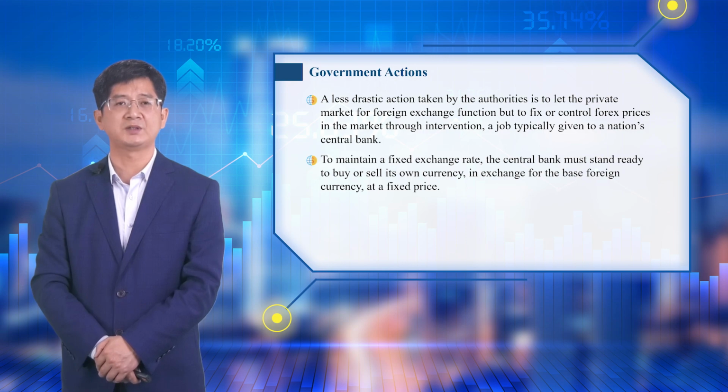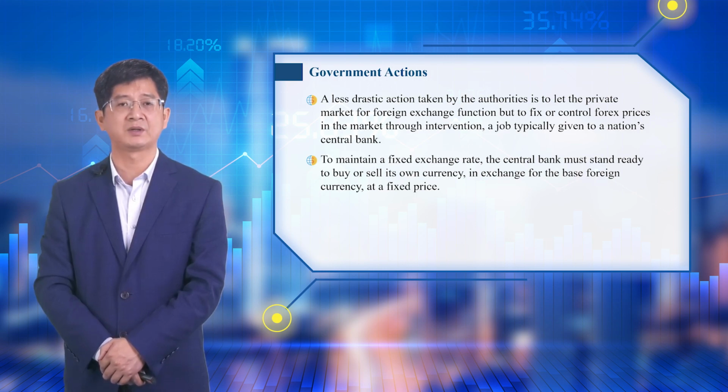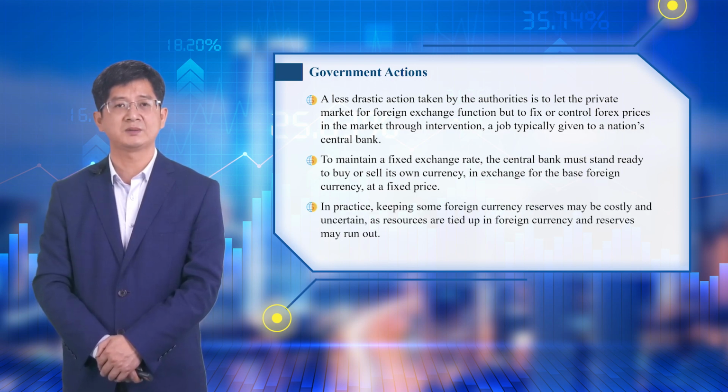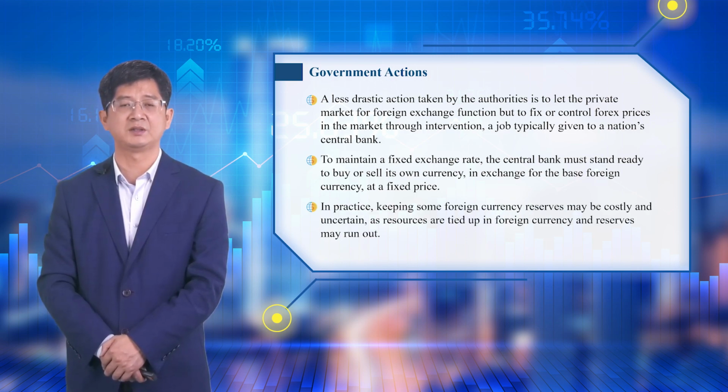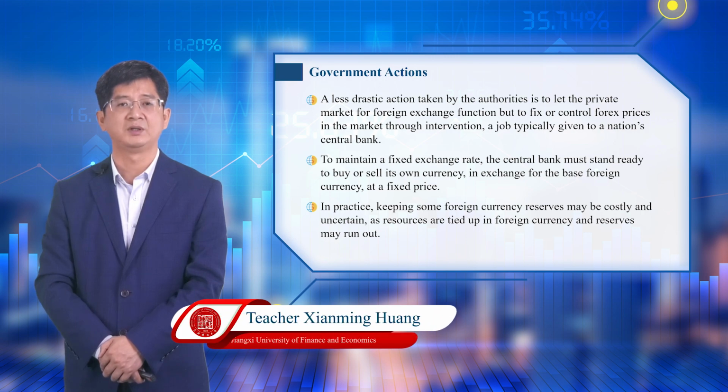To maintain a fixed exchange rate, the central bank must stand ready to buy or sell its own currency in exchange for the base foreign currency at a fixed price. In practice, keeping some foreign currency reserves may be costly and uncertain, as resources are tied up in foreign currency and reserves may run out.